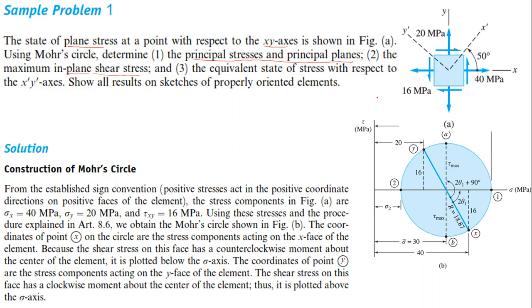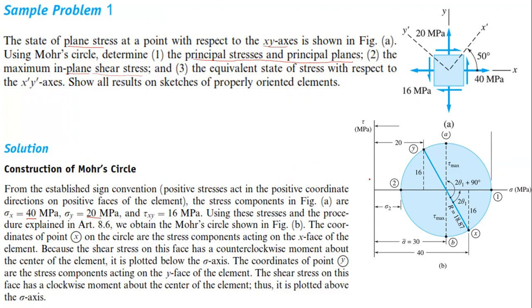So, ang value sa sigma x is positive 40 MPa since sa figure, this is going to the right. This is tensile stress. Sigma y is positive also since tensile stress also ang sigma y. Then our tau xy is equal to 16.